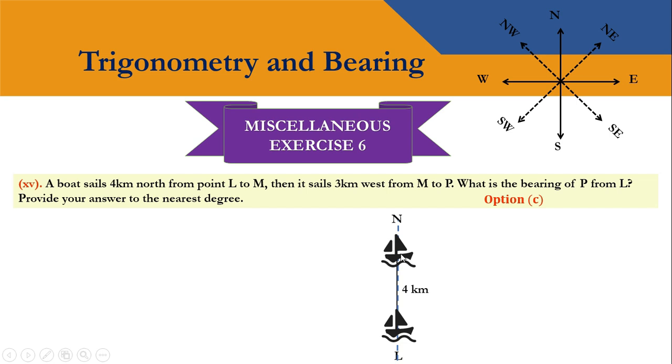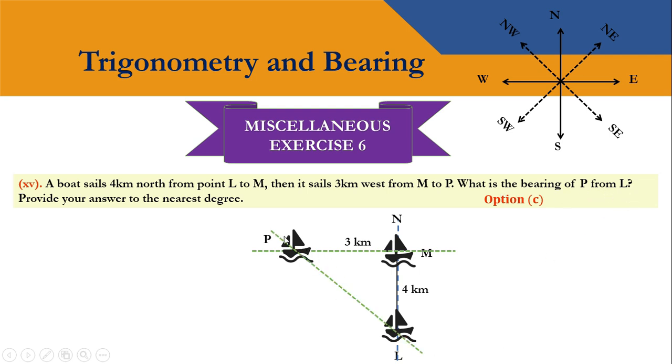So this ship moves towards the west from point M. This is the line where the ship travels in the west direction up to 3 km and reaches the new location, which is known as P. What is the bearing of P from L?